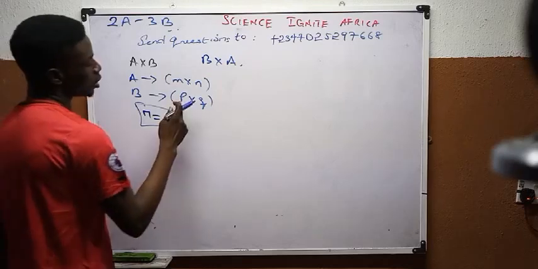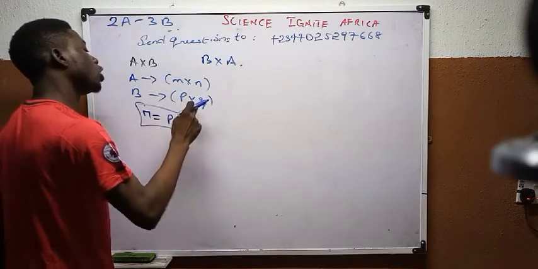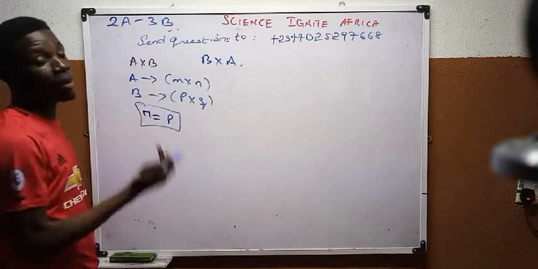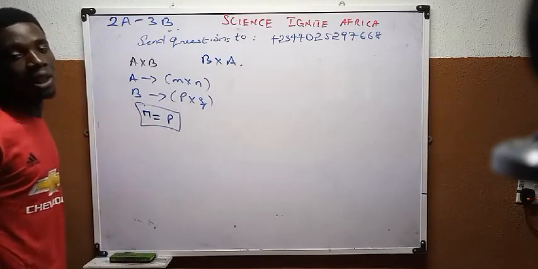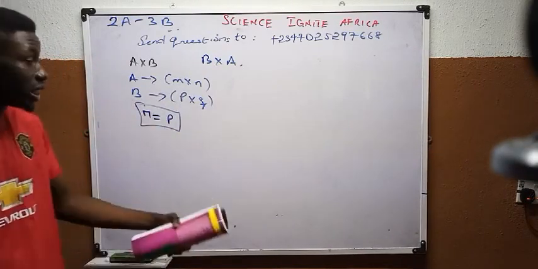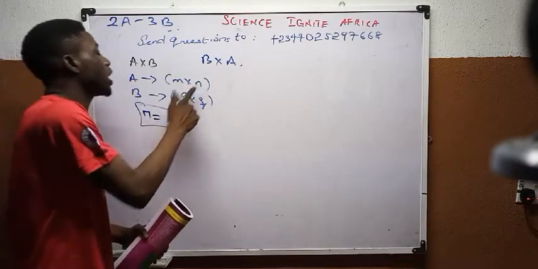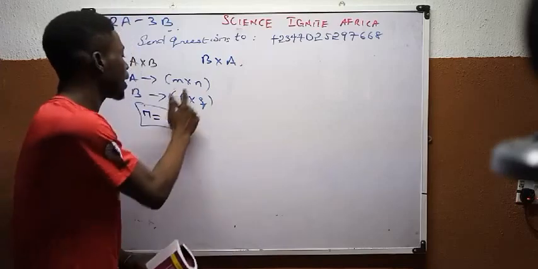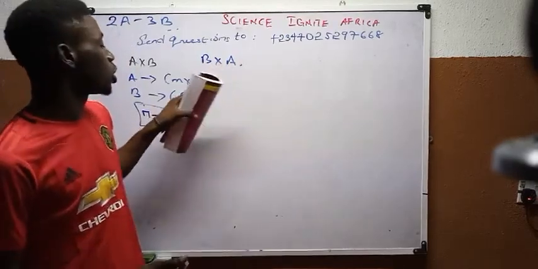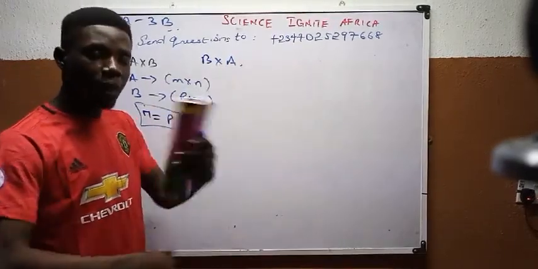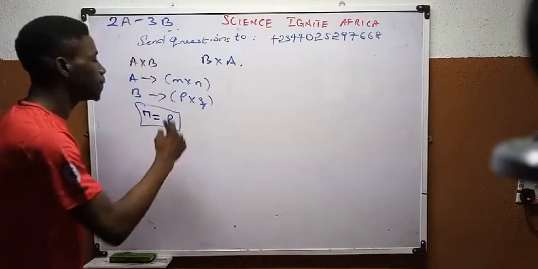If you are talking about B times A, you'll be dealing with q and m, which are not necessarily the same. The only thing that must be the same is n and p, the number of columns of the first must equal the number of rows of the second before you can multiply.